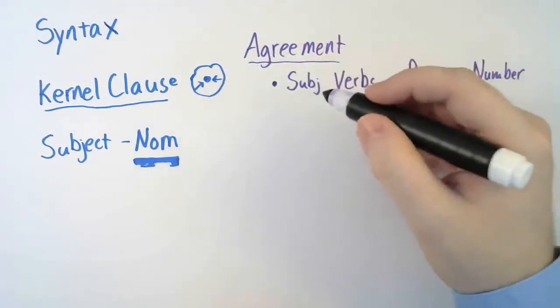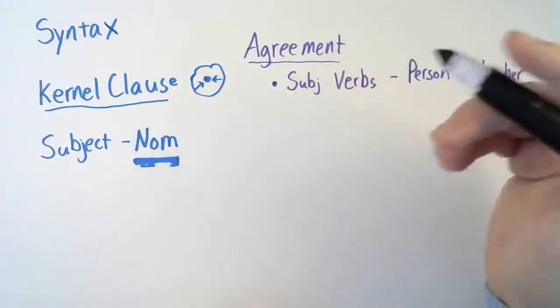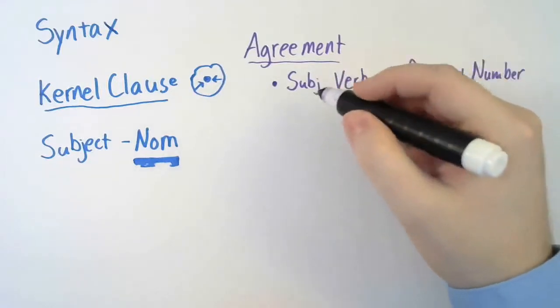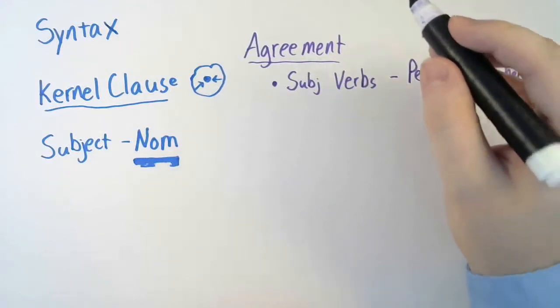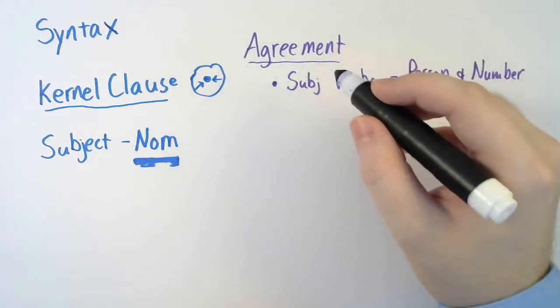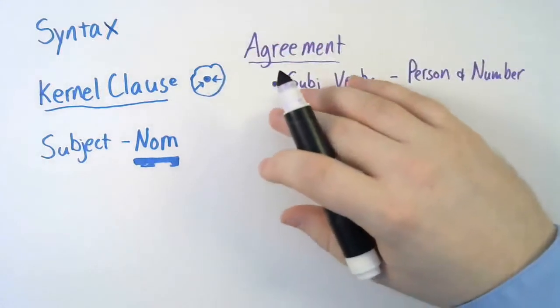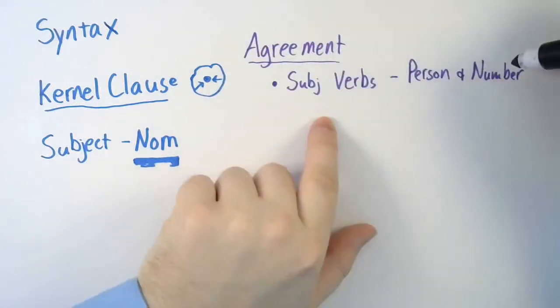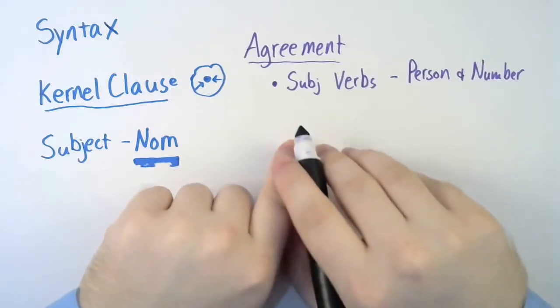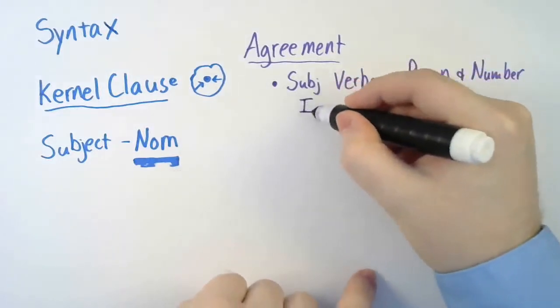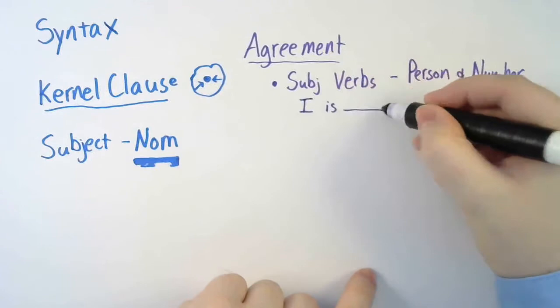For example, we're going to do an English example for this. A subject agreeing in person and number with its verb. "I is." I is something.